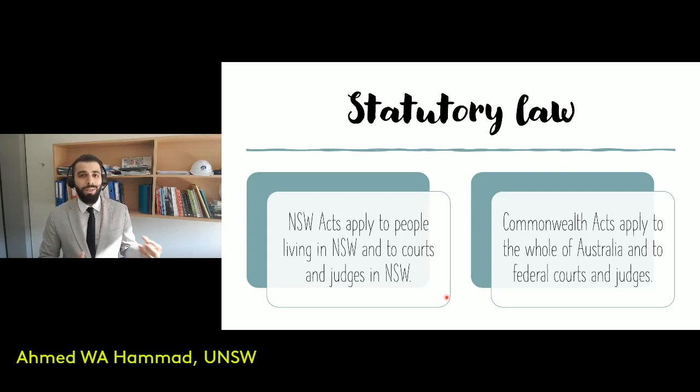If it's a New South Wales Act, it applies to the people that live in New South Wales, and the courts and judges in New South Wales would be interpreting that legislation. On the other hand, if it's an act that's passed by the Commonwealth, then it applies to all of Australia, and the federal courts and the judges in these courts would be interpreting these acts. So it's not specific to a particular state.